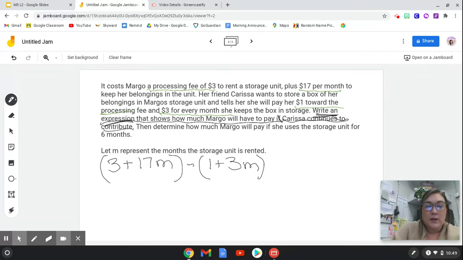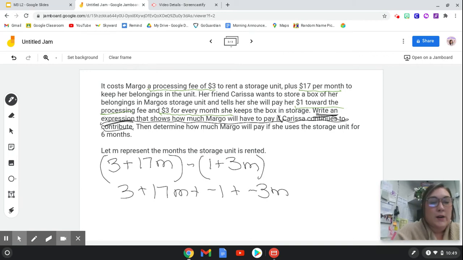So now I'm going to go ahead and use what I have been doing this whole time. I'm going to rewrite my subtraction as addition. So 3 plus 17m plus negative 1 plus negative 3m. Now I'm going to rearrange. To do that, I'm going to start by highlighting my like terms.